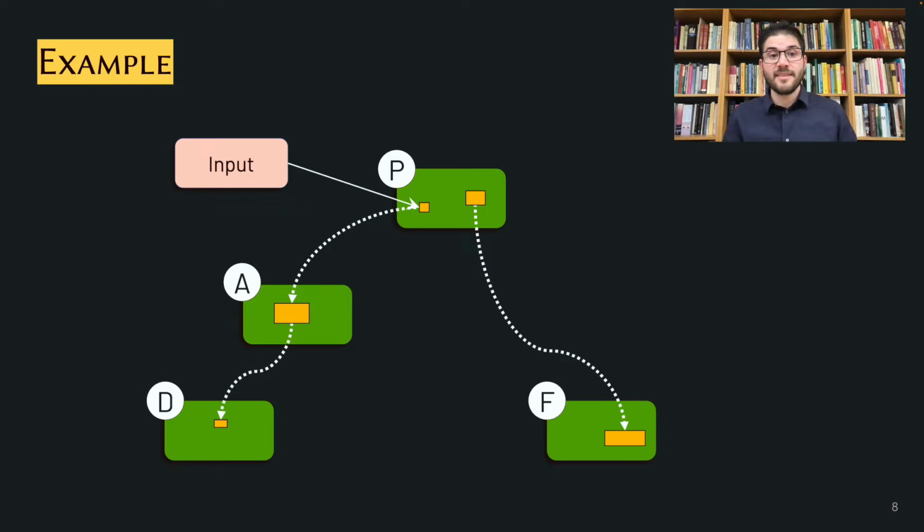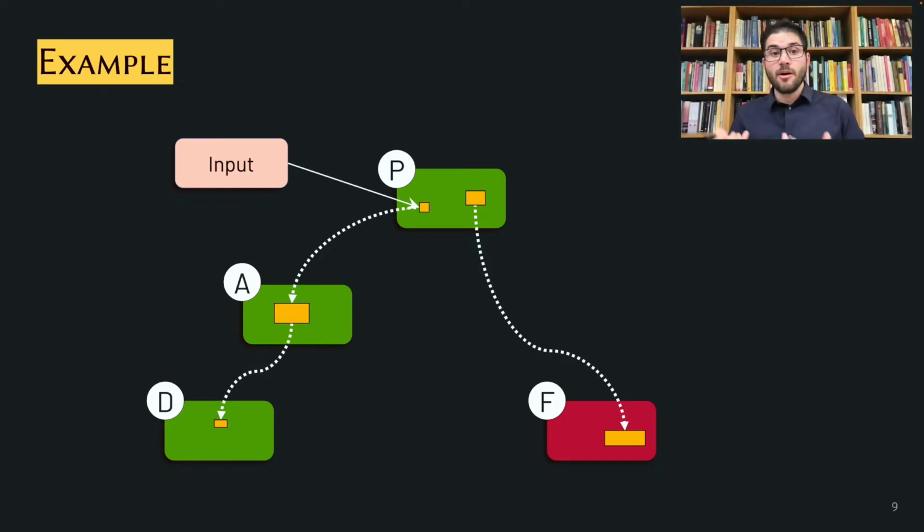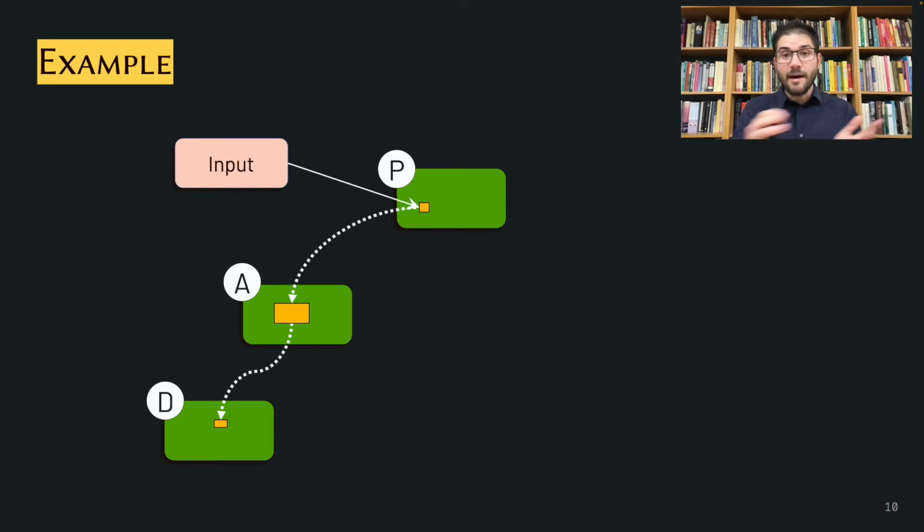Now, let's suppose that there is an input that executes the path that goes from P to A and D. This makes part of the components in P as well as F unnecessary to satisfy the input. So we can remove them as well.